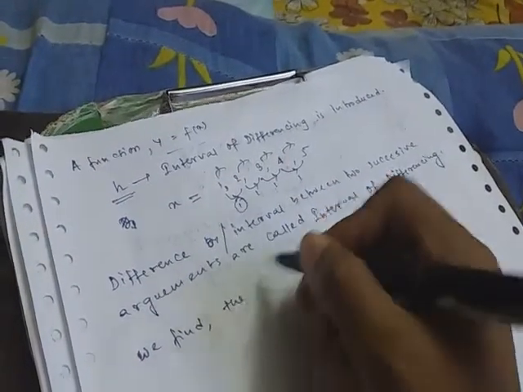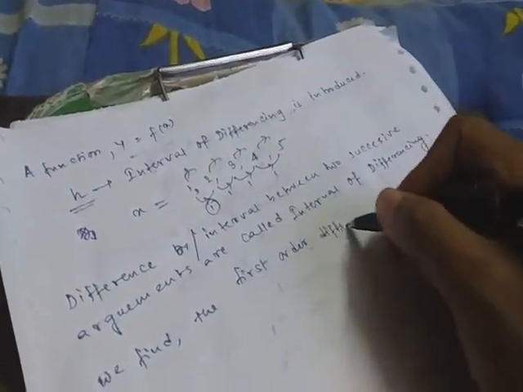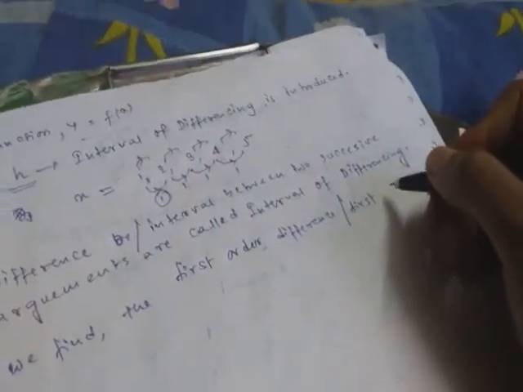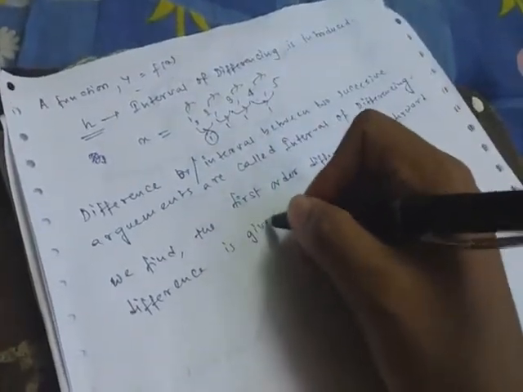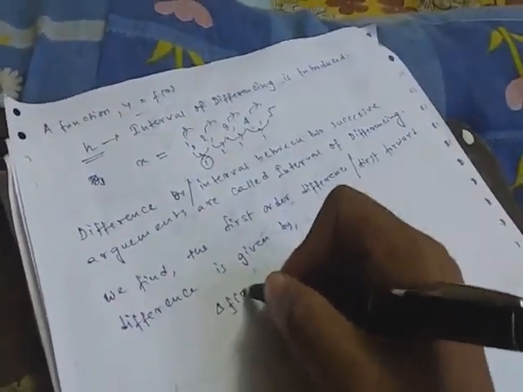Thus we find the first order difference, or first forward difference, which is given by, we denote it by del of f(x).